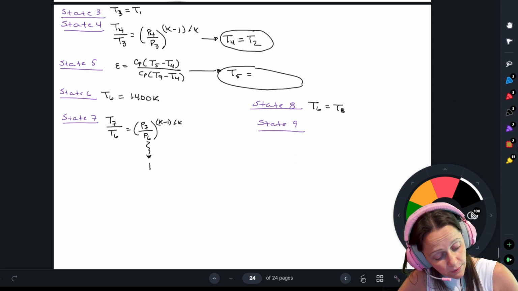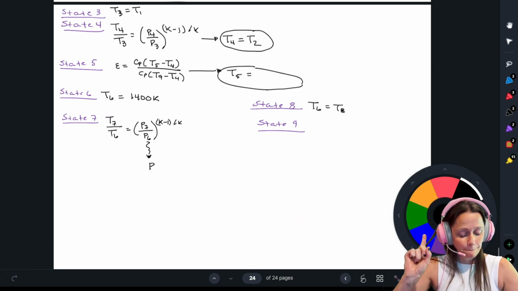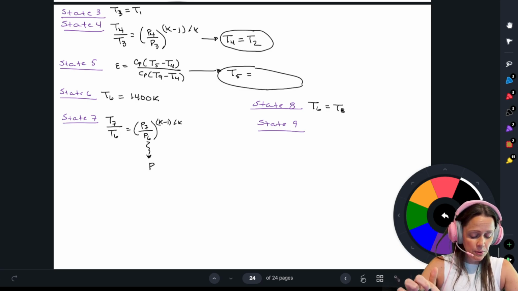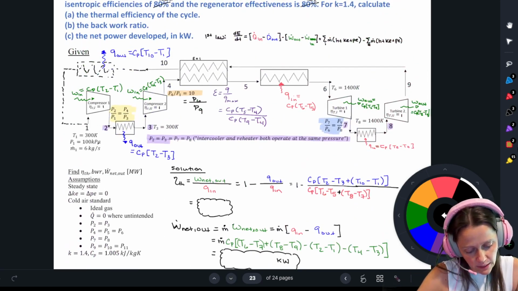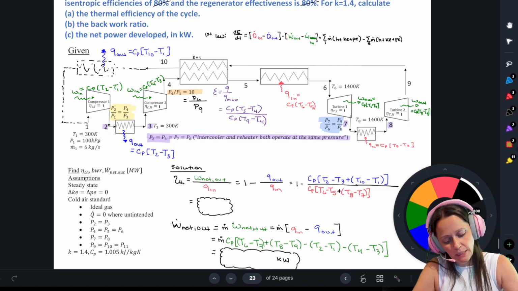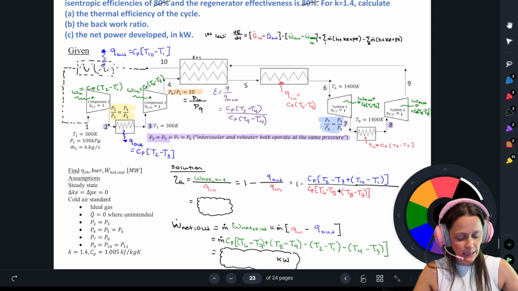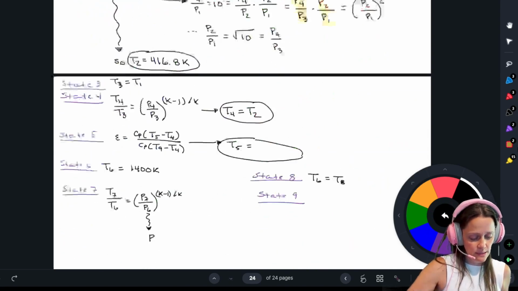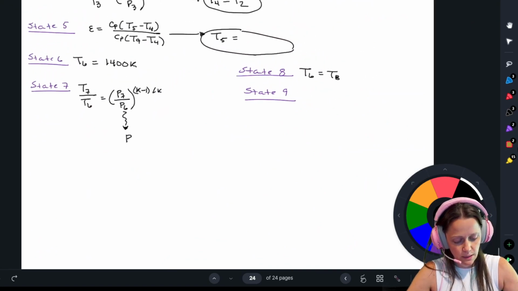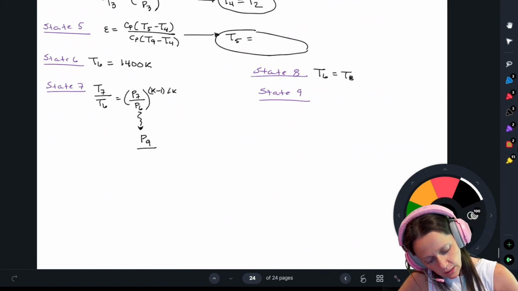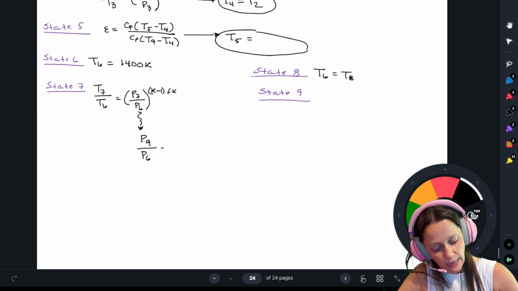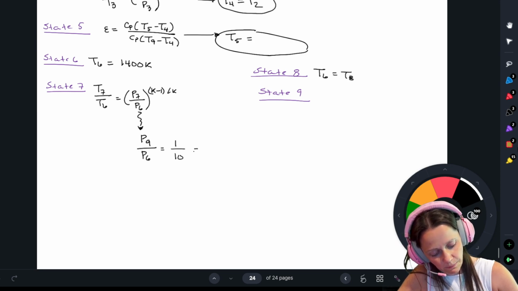I don't know P7 over P6, but I can write it as P9 over P6. So P9 over P6, I know that's equal to 1 over 10. Going to do the same thing.